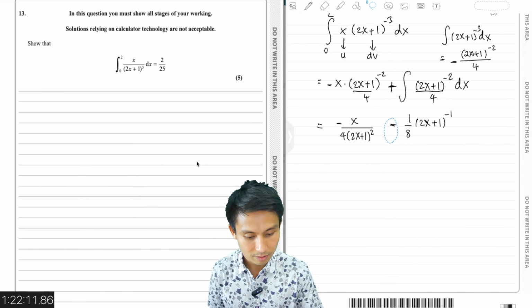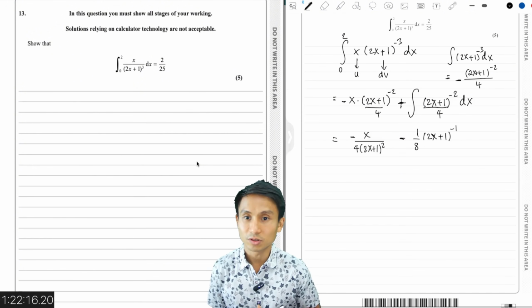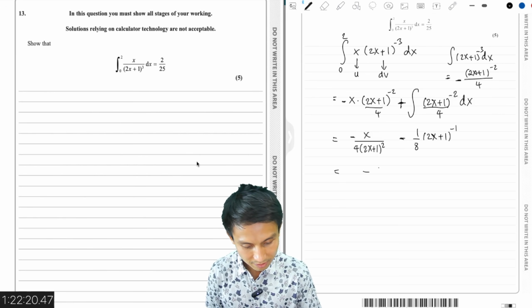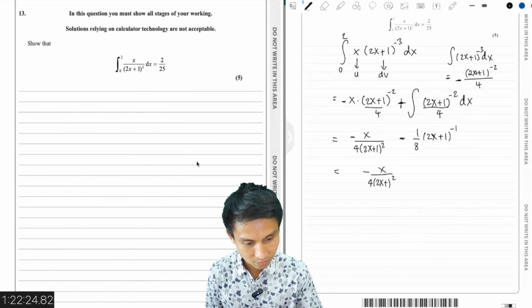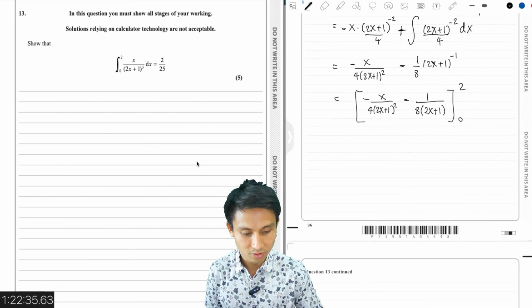And that's everything. So if I put the bounds from 0 to 2, I'm going to have minus x divided by 4 (2x plus 1) to the power of 2, and then minus 1 over 8 (2x plus 1). Put the bounds in 0 to 2 like that.